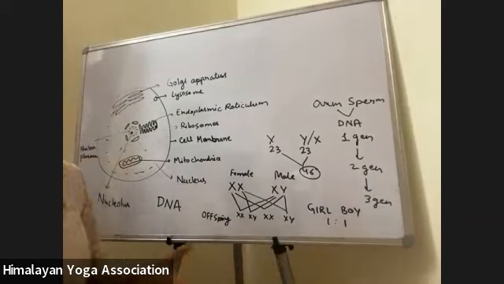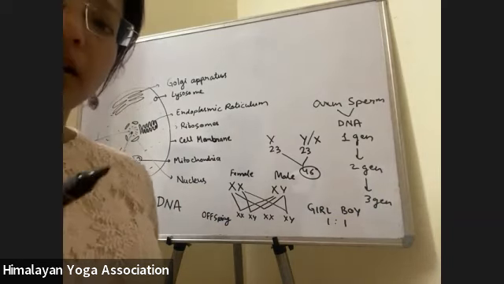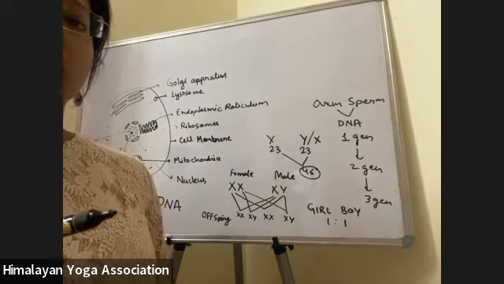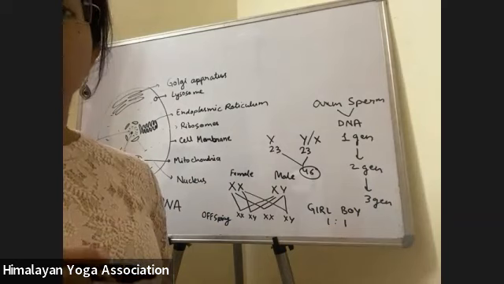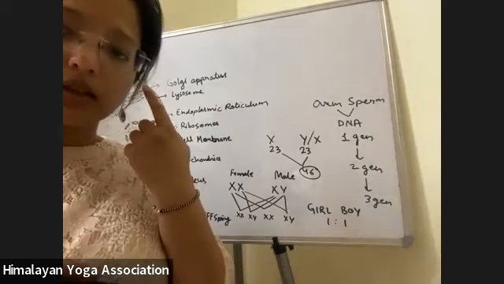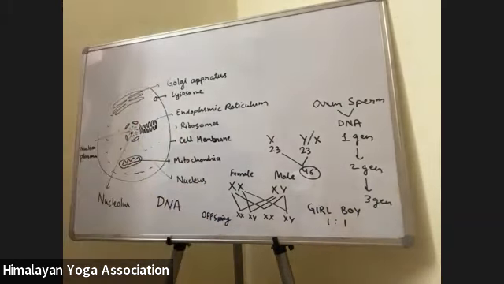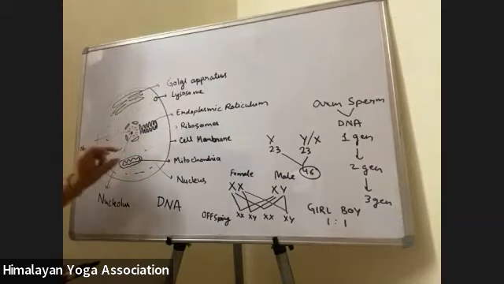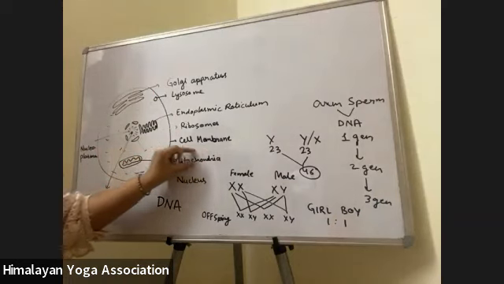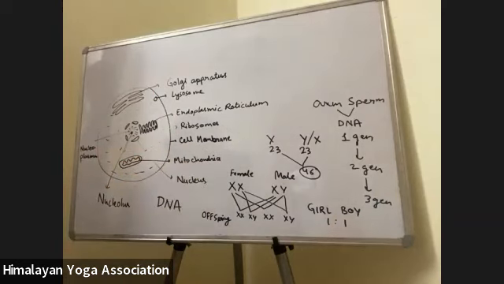You probably look like your grandmother or grandfather, like probably the color of your hair, the color of your eyes. Yes, we receive this from our parents. Okay, then there is mitochondria. What is mitochondria? What's happening in the mitochondria?